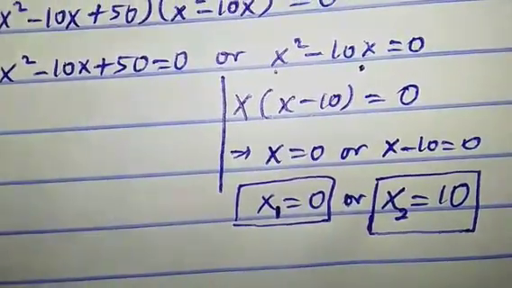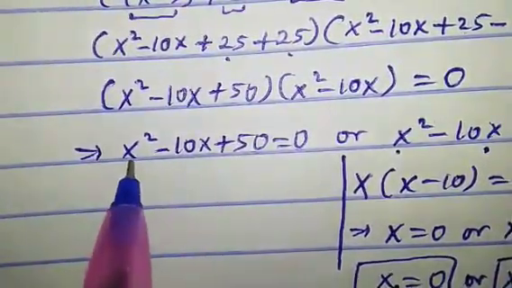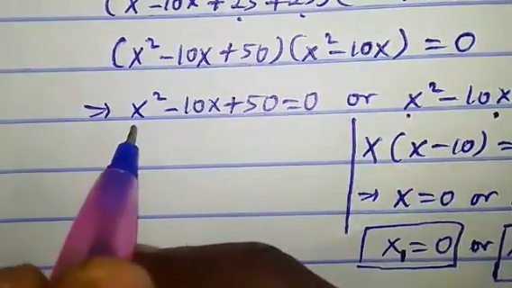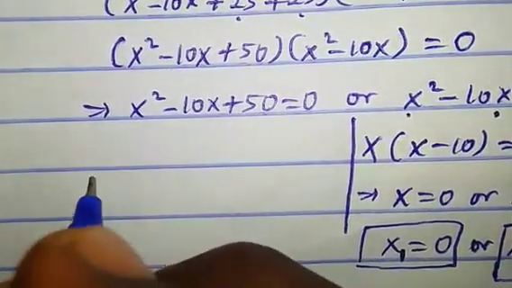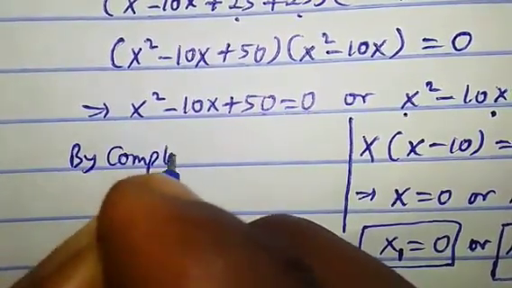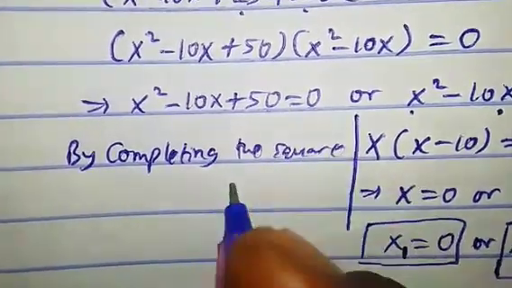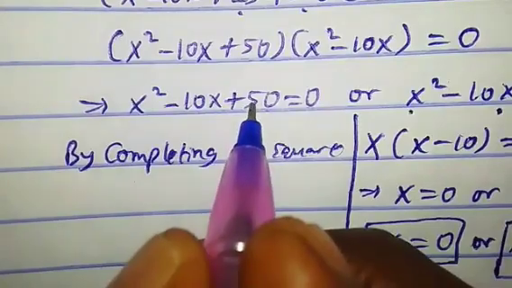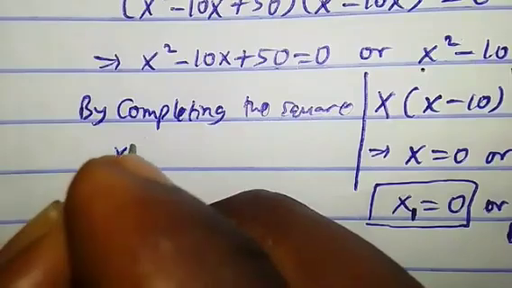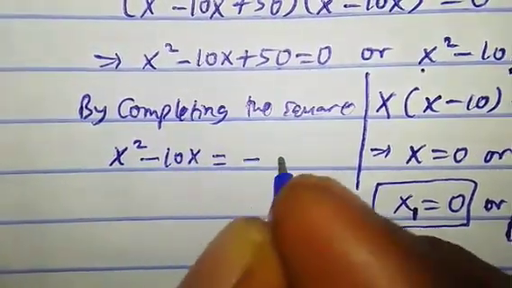Now, let us focus our attention on this other equation, x^2 − 10x + 50. We won't use the usual quadratic formula to solve it. Let's solve it using the completing the square method. By completing the square, the first thing we're going to do is to transfer these constants to the right hand side. So we have x^2 − 10x = −50.